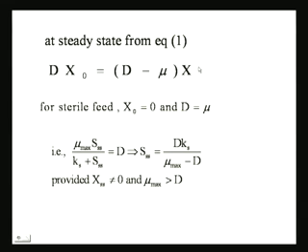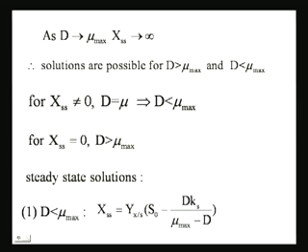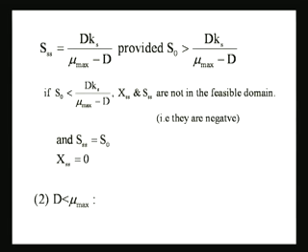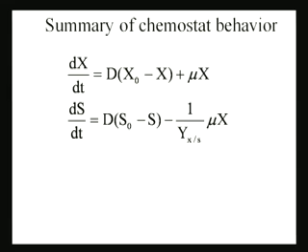One of the solutions is a trivial solution, and the trivial solution, as you will see a little later maybe in the next lecture, is important also. We are trying to look at the entire space composed of all different kinds of solutions. The first one we discussed is a non-trivial solution, the second one is a trivial solution, and this is a summary of the behavior of the chemostat.